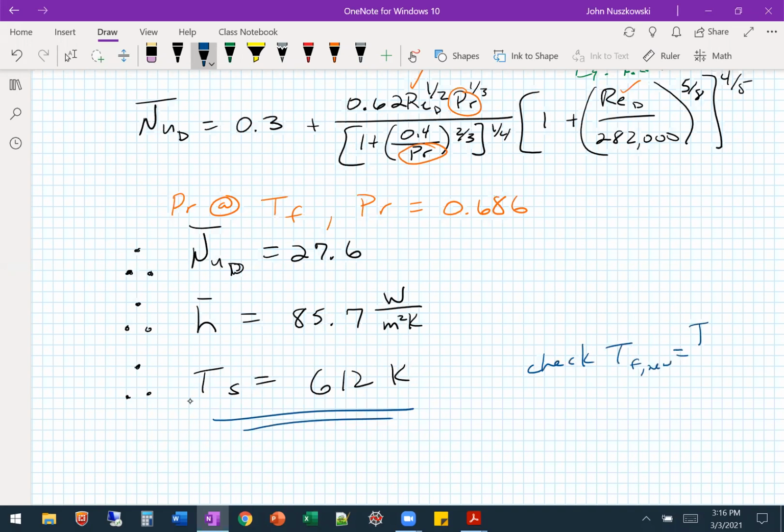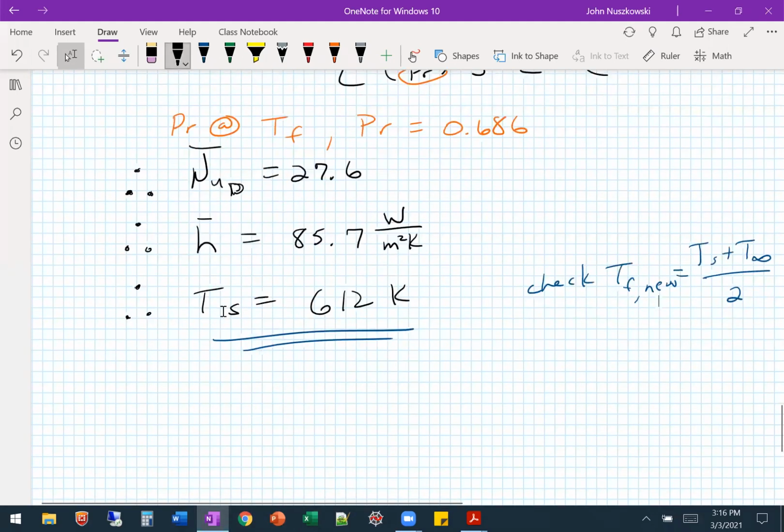And then we can check our film temperature, whether our gas properties are good, and check how much they change with the new film temperature. And you would iterate again if they change a lot, right?